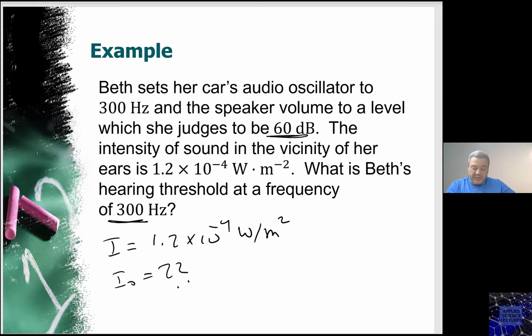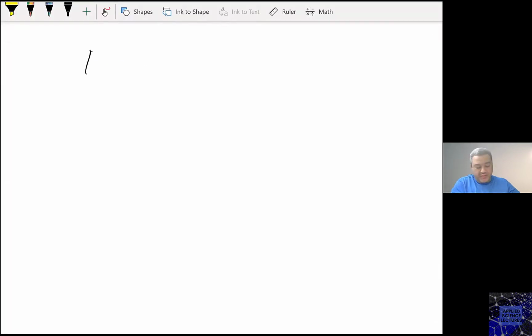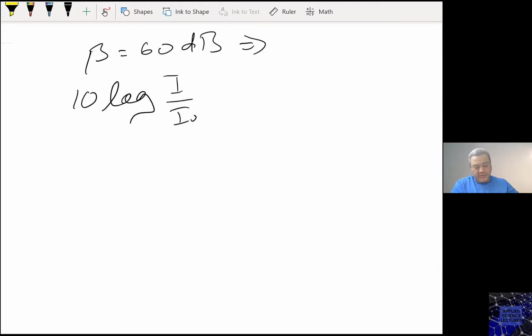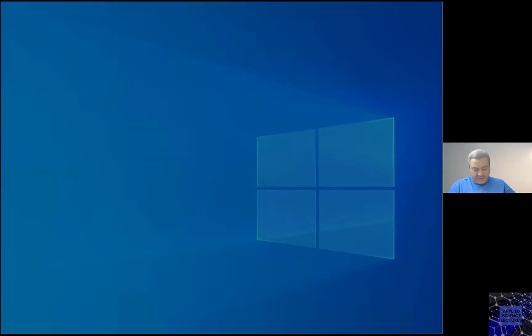If we know the intensity level beta is 60 dB, how do we solve this? Beta is 60 dB and 10 logarithm I over I naught is 60. I know I, which is 1.2 times 10 to the power minus 4.